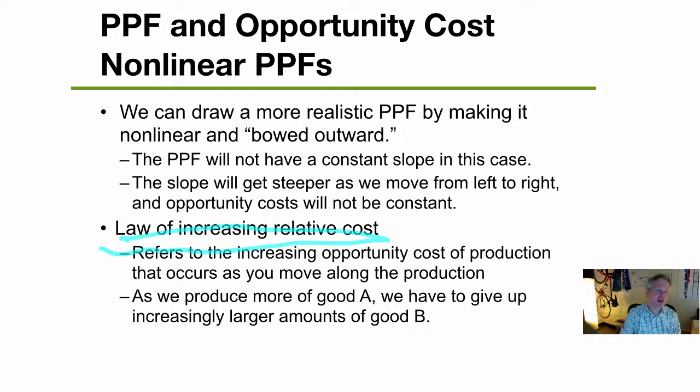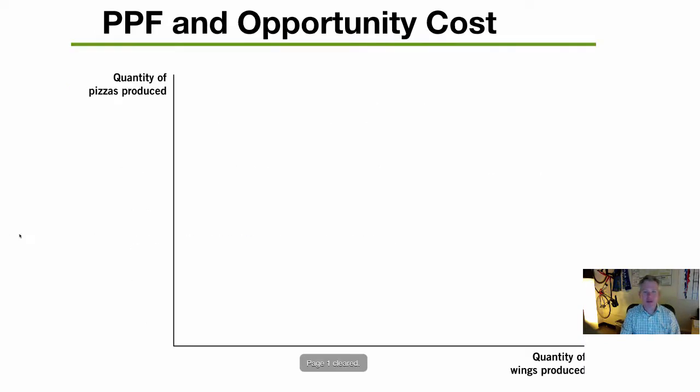See if I can do better with the highlighter. The law of, not so good, law of increasing relative costs. So opportunity cost increases as you move along the amount that you're producing, all right? So it's probably easier just to see this if we show it in a graph, all right? So again, here's quantity of pizzas produced, increasing this way, quantity of wings produced, increasing this way.